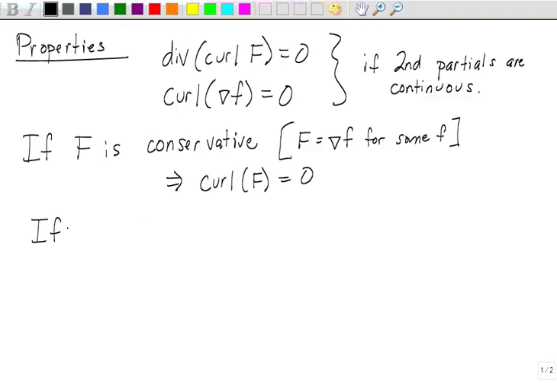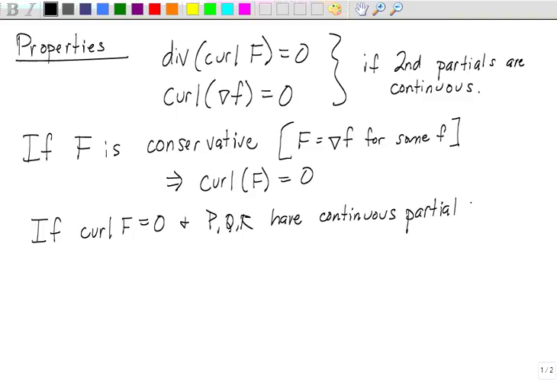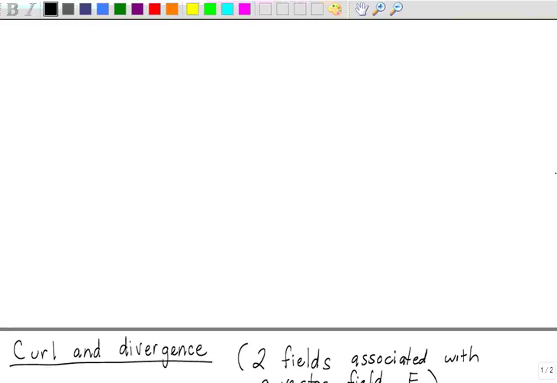And if the curl of F equals 0 and F's components, P, Q, and R, have continuous partials, then F is conservative. All right, those are some properties.